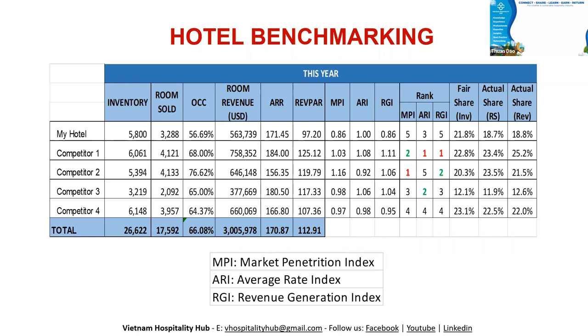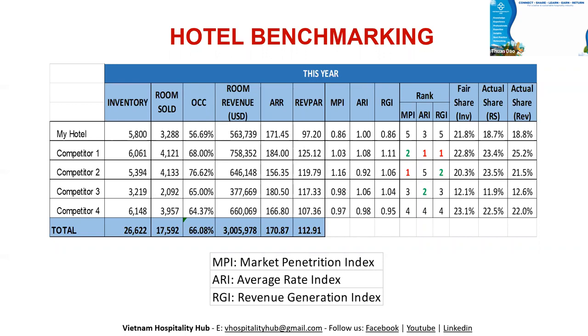I actually encounter many cases where I talk to the GM of a hotel, and he says, I'm very good this way, that way, and gives me an occupancy and ADR that are so high to them. But when I talk to their competitor, the competitor is also very proud of doing really great this month, and their occupancy and ADR are actually higher than the previous hotel.